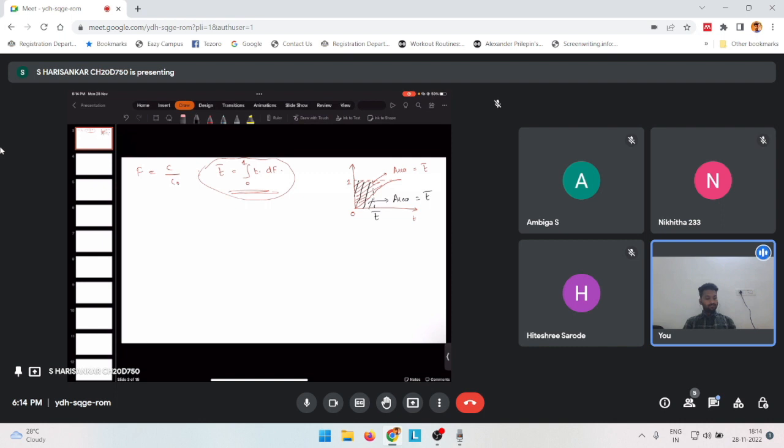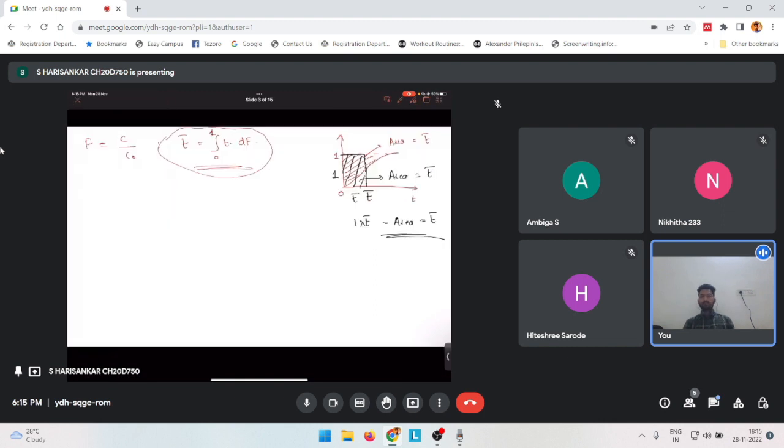Because this is basically a rectangle, and the area is side into side, but one side is basically 1. So whatever this unit is, which is t bar, 1 into t bar will be the area, and that is basically t bar. So that is the gist here. This is just a graphical method to find the mean residence time from your F curve, but the integral to find the mean residence time is given here.